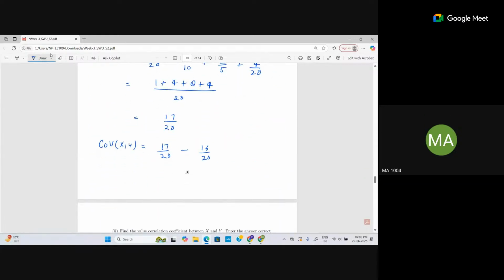To solve it, this will become 4 by 400, so 0.01. Okay, is this clear to everyone, how we calculate the covariance for two variables?